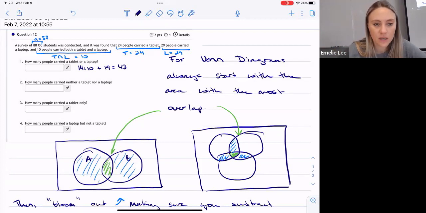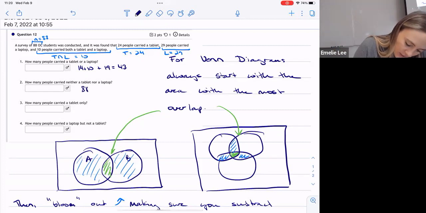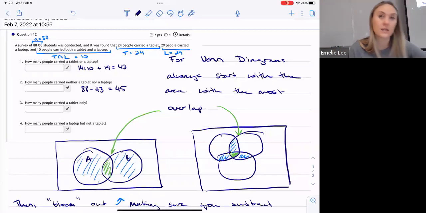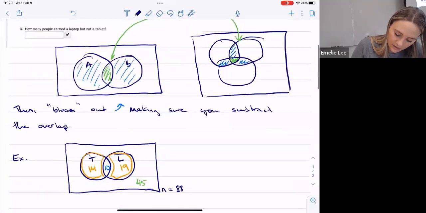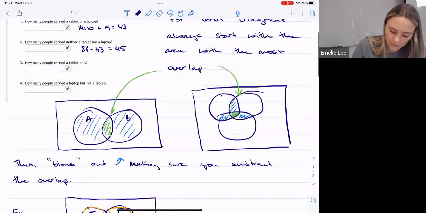So how many people carried neither a tablet nor a laptop? We already found that, and that's 45, right? Or we could say 88 minus 43 is 45. How many people carried a tablet only? Looking at our diagram, we see that it's 14.